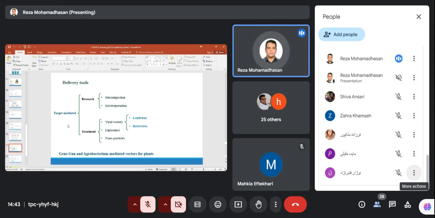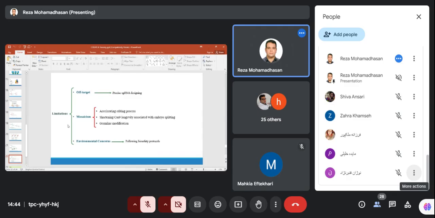In plant science, we usually use gene gun and Agrobacterium-mediated vectors. However, we have some viral vectors, but I've never used them.